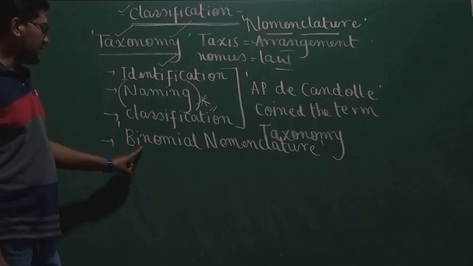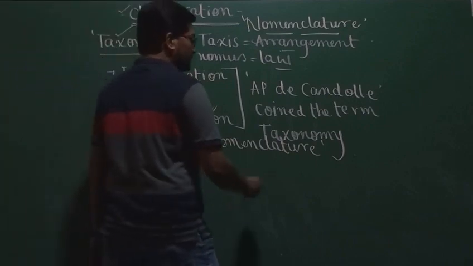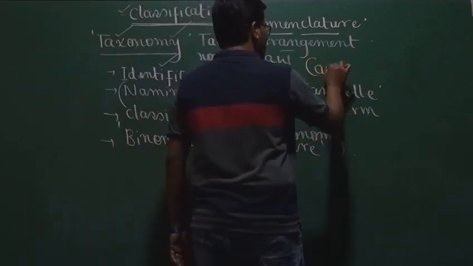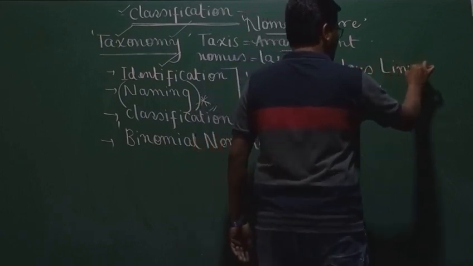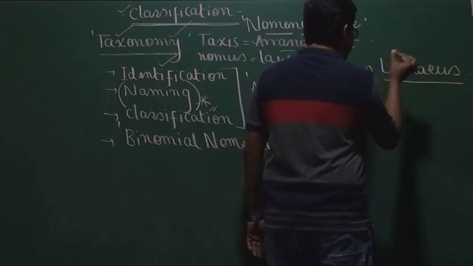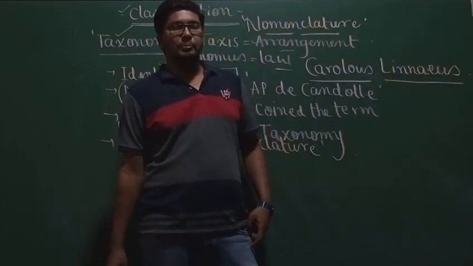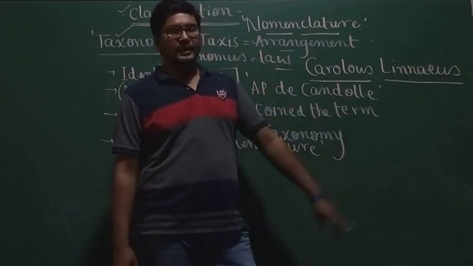We are following the system of nomenclature which is called binomial nomenclature, and this system was given by Carolus Linnaeus. So who proposed the binomial system of nomenclature? Answer should be Carolus Linnaeus.